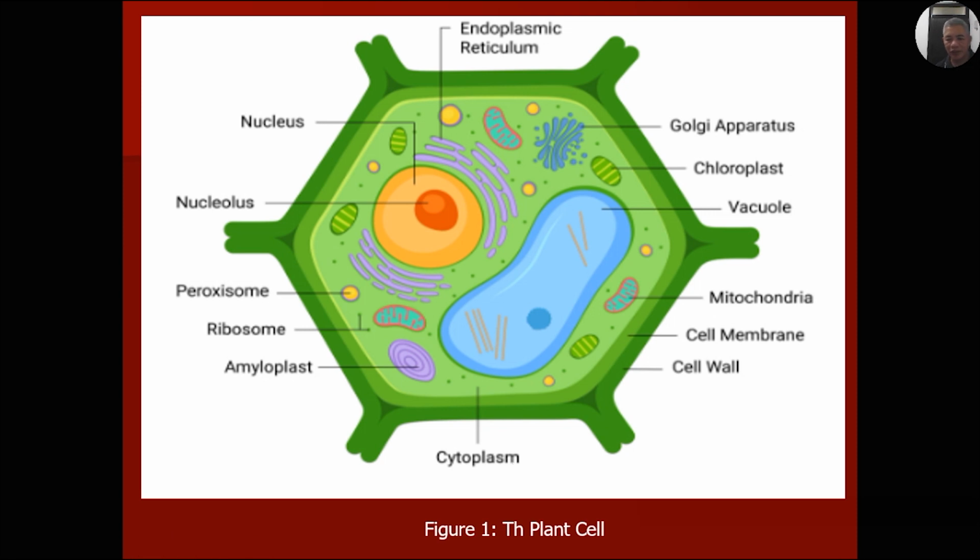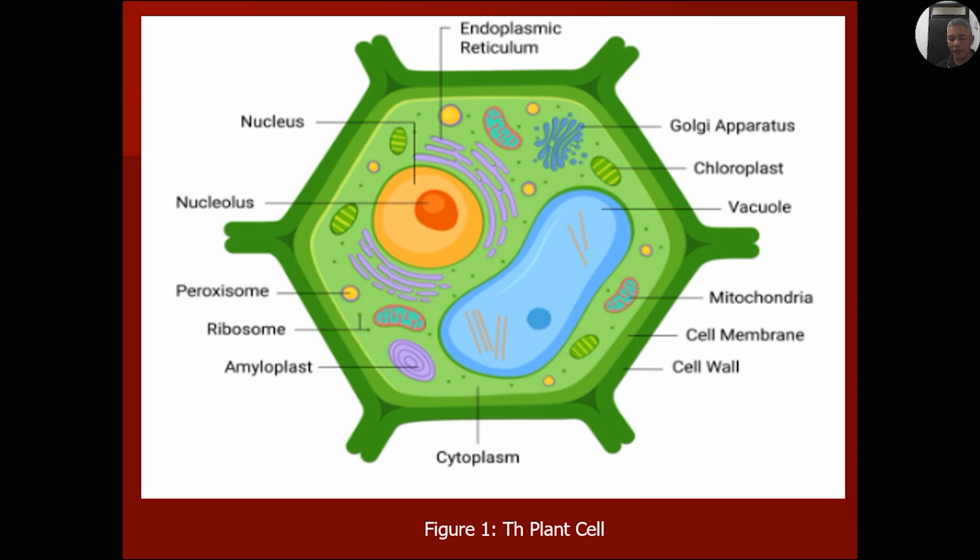Now, let us take the functions of each of these different parts of the cell. Let us start with the cell wall. The cell wall is a rigid layer which is composed of polysaccharide cellulose, pectin, and hemicellulose. It is located outside the cell membrane.